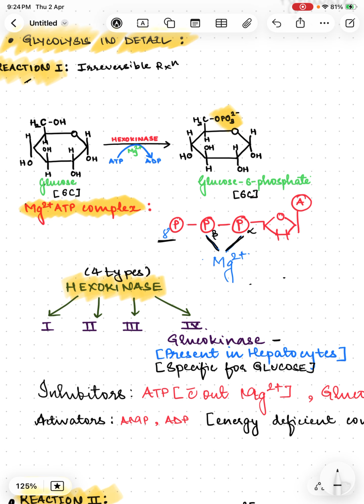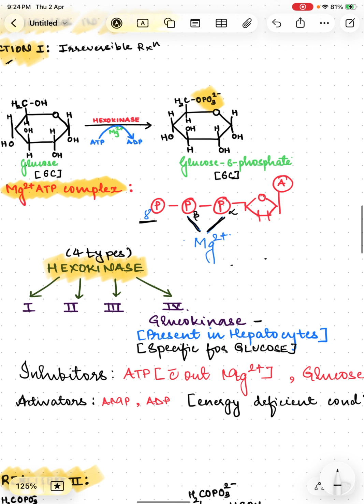This hexokinase requires ATP in the form of the Mg2 plus ATP complex. The positively charged Mg2 plus ions bind to the negatively charged phosphate ions, and then the gamma phosphate is transferred to carbon number 6 of glucose.